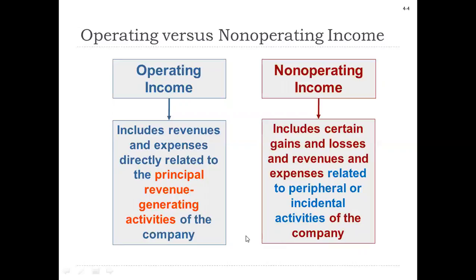And we divide up the income statement into these two components to give us a better idea of how much money they're making from their normal operations, and then how much money they're making or losing from other non-related activities.